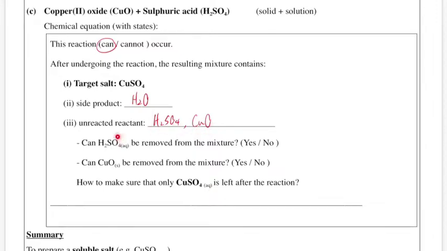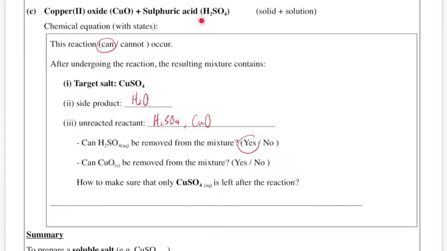First, how to remove sulfuric acid. An easy way is just to add more copper 2 oxide. As we keep adding copper 2 oxide, it will react with the excess sulfuric acid in the mixture, isn't it?